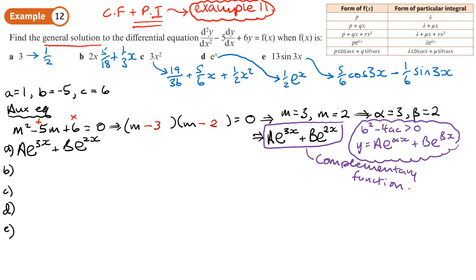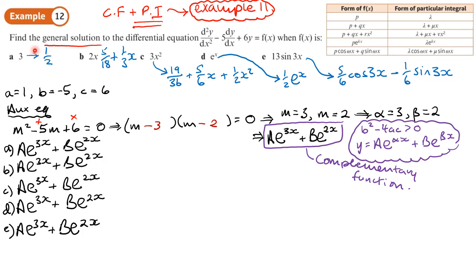So to save some time, I'm just going to pause it and write down the complementary function for all of my answers. So there we go, like magic. So for each answer now, just put the particular integral at the end. So a, I just put plus half. B, I put plus 5 over 18 plus a third x.